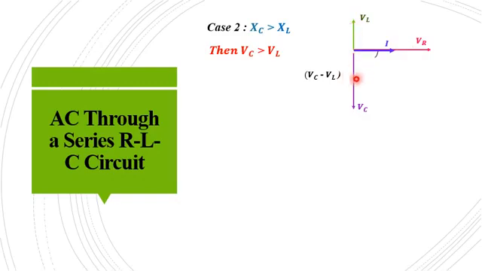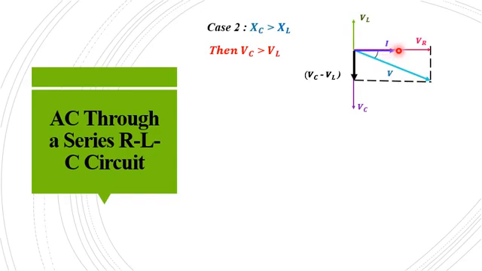Since VL and VC are in line, first of all we can reduce that. So VL minus VC will be directed downwards, since the VC value is higher. Now V is the vector sum of VC minus VL and VR. That is like this. This is your resultant voltage V.